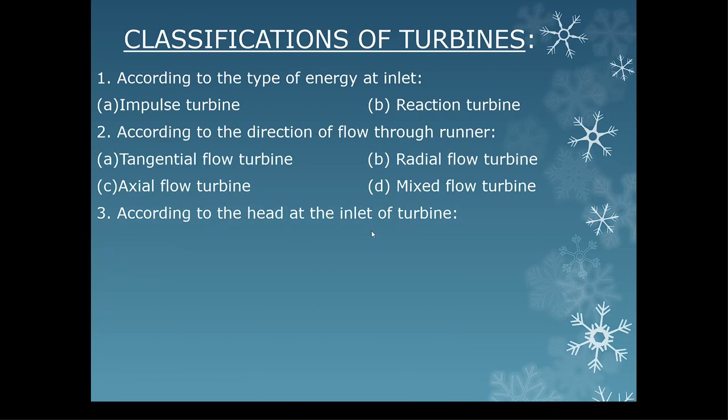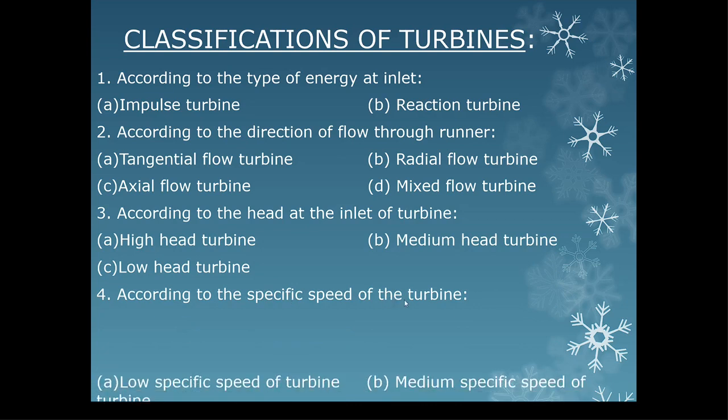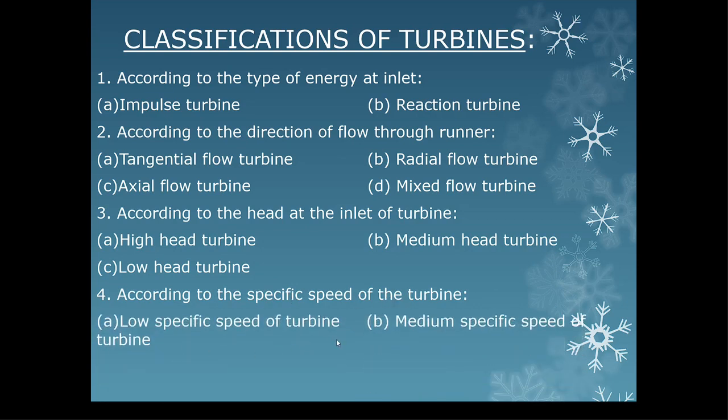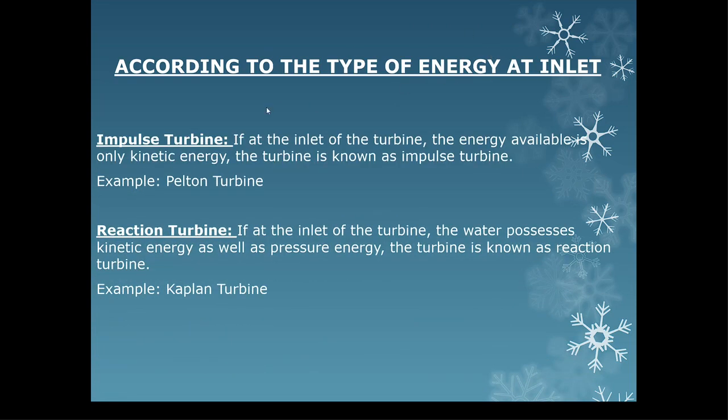According to the head at the inlet, we have high head, medium head, and low head turbines. According to specific speed, we have low, medium, and high specific speed turbines.